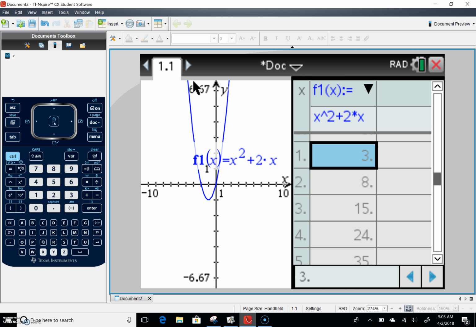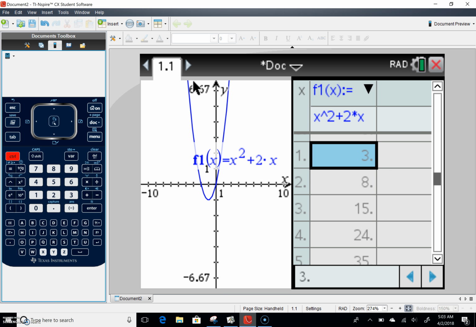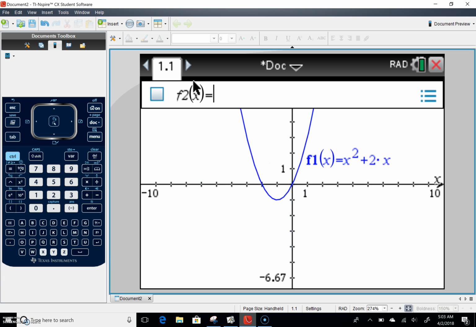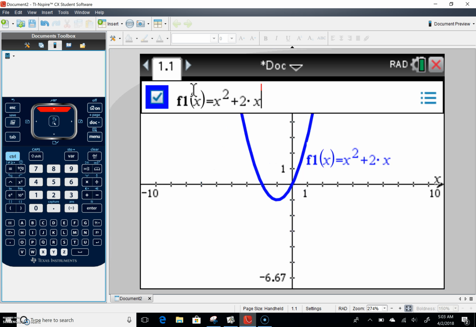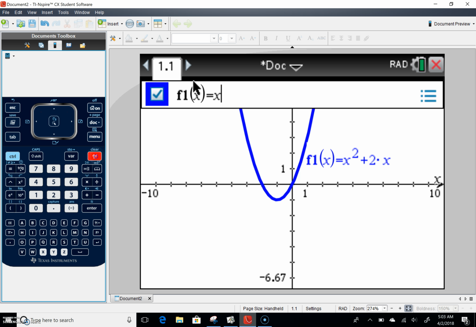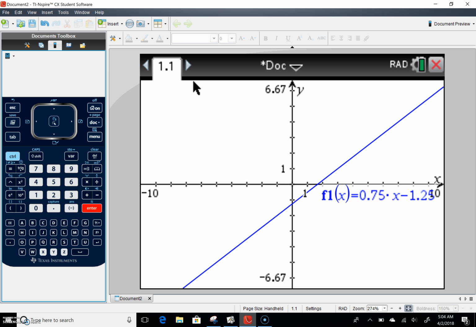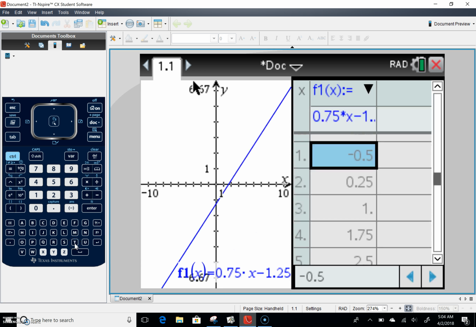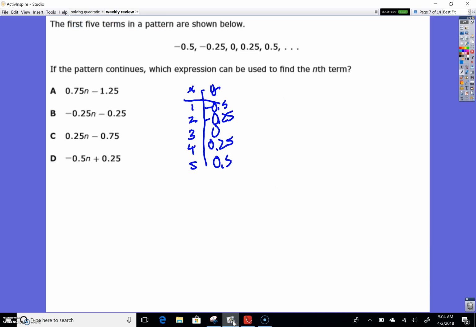I forgot to press enter. Delete, delete. Okay, so I put in the correct formula now, and Control T, 0.5, 0.25. So no, that is not actually correct.